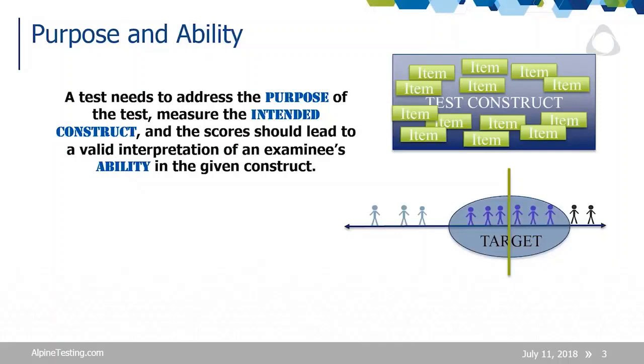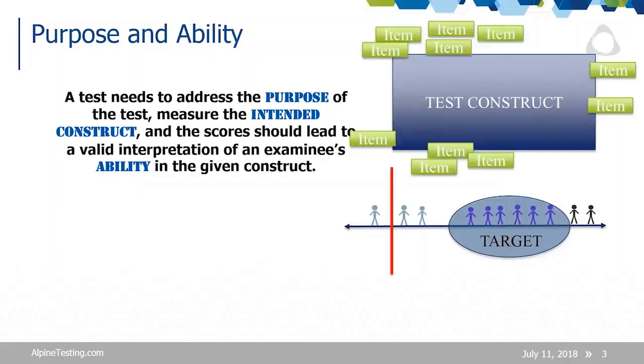If your test has drifted in performance, if you aren't attracting the correct candidates, what can happen is that your items and your test construct are no longer aligned and your cut score gets off. In this example here, you have your cut score way too low and not enough people are passing it.